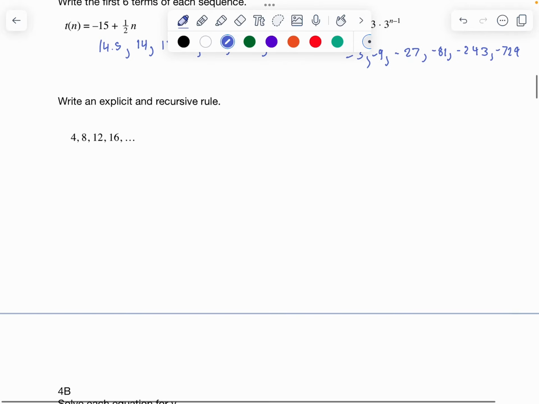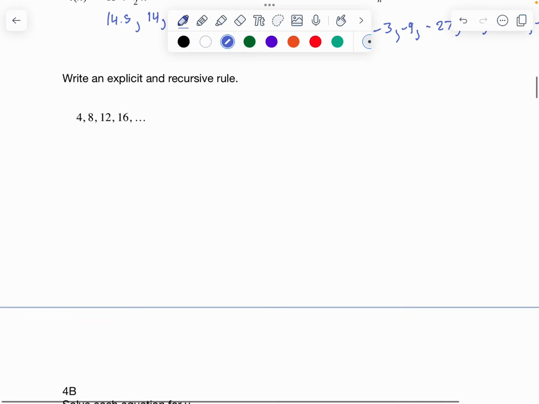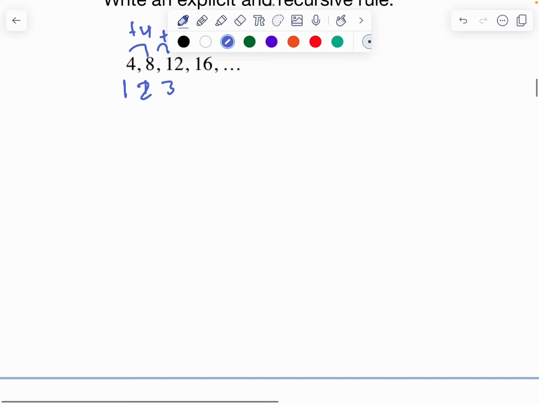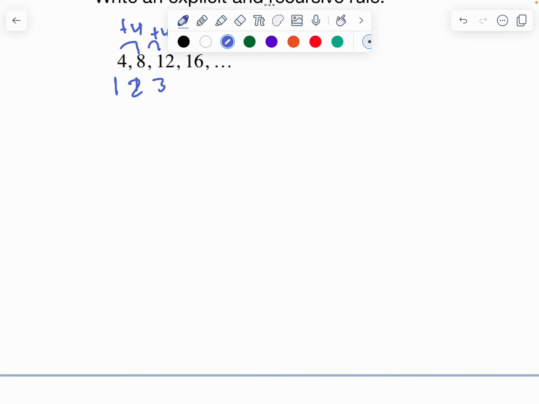There you go. Write an explicit and recursive rule for this. So we see that this is term 1, this term 2, this term 3. See that it's adding 4 each time. So our explicit one is the shorter one.